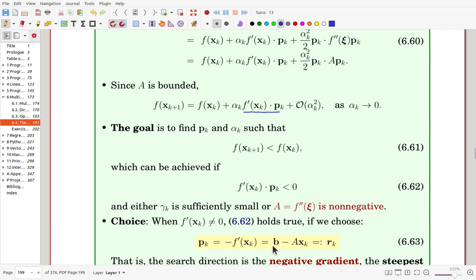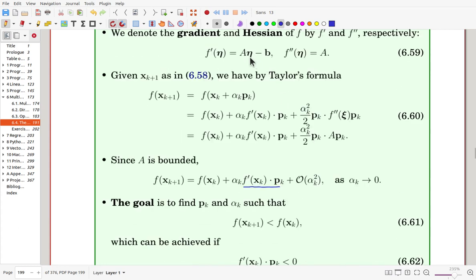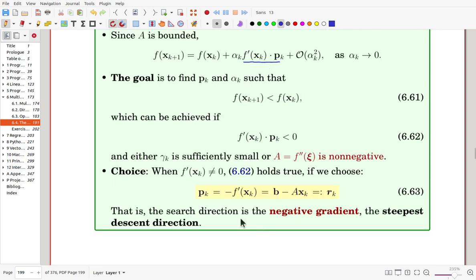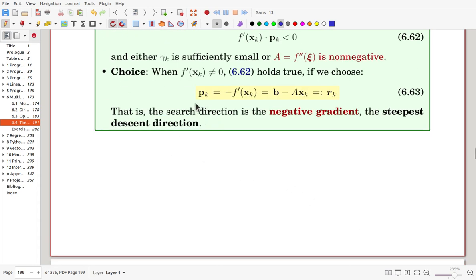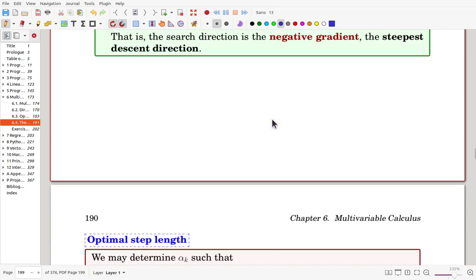So the choice is, p_k is the negative of the gradient, and we already know the gradient is A eta minus b, and its negative is b minus A x_k. For that term, usually we use r_k, the residual. So p_k will be chosen as the negative gradient. That's the gradient descent method.